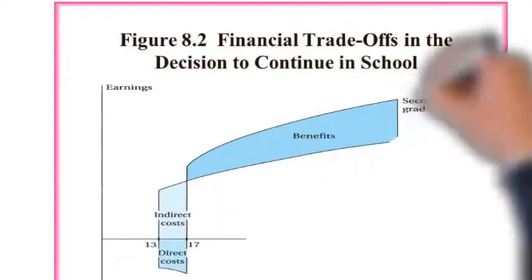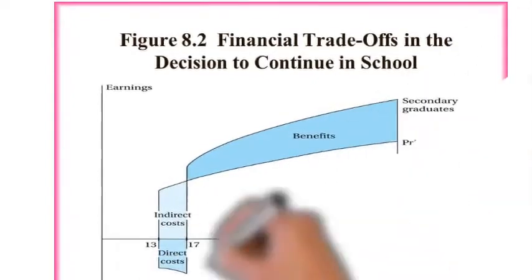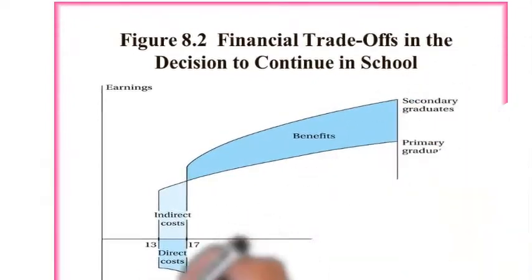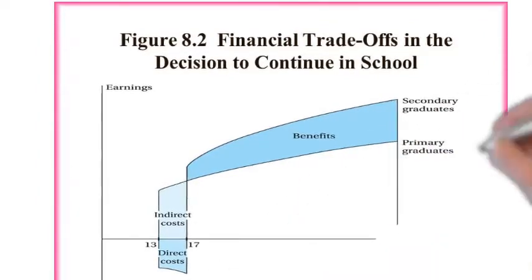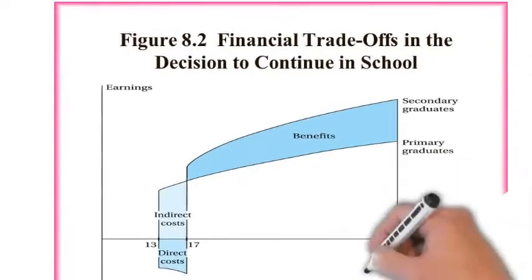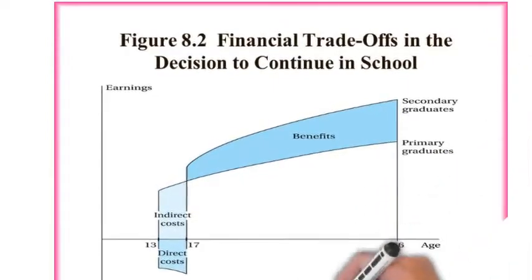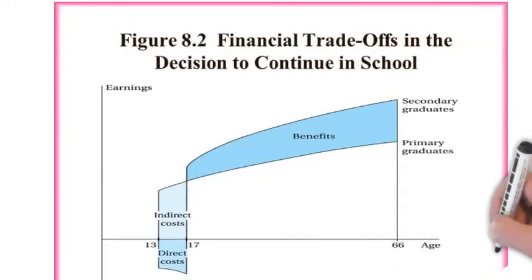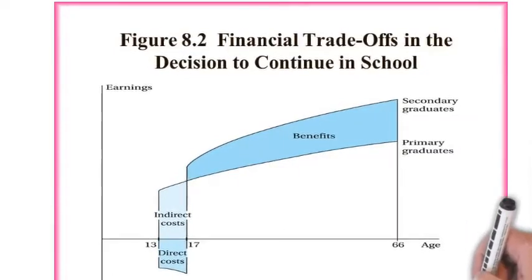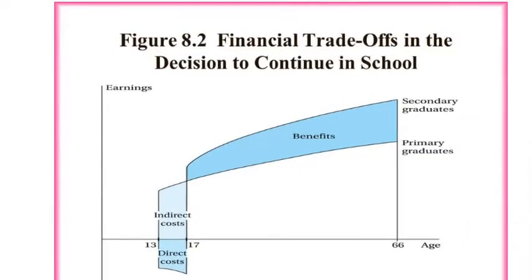Two earnings profiles are presented for workers with primary school but no secondary education, and for those with full secondary but no higher education. So primary graduates are assumed to begin work at the age of 13 and secondary graduates at the age of 17. So for an individual in a developing country, deciding whether to go from primary to secondary, 4 years of income are foregone. So kagaya ng pinakita natin kanina.